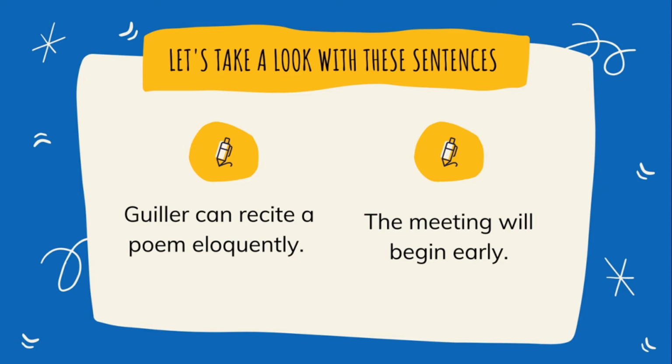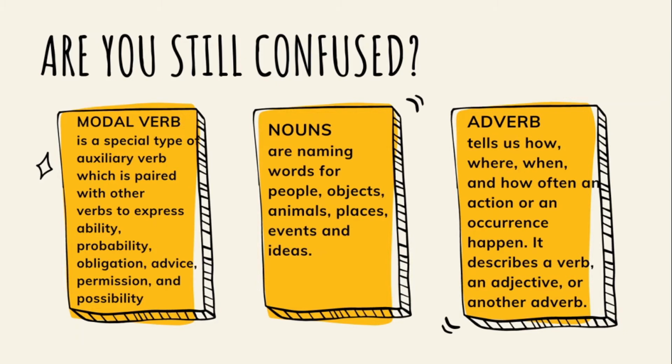But before we identify them, let's have a quick review of those parts of speech. Modal verb. A modal verb is a special type of auxiliary verb which is paired with other verbs to express ability, probability, obligation, advice, permission, and possibility.